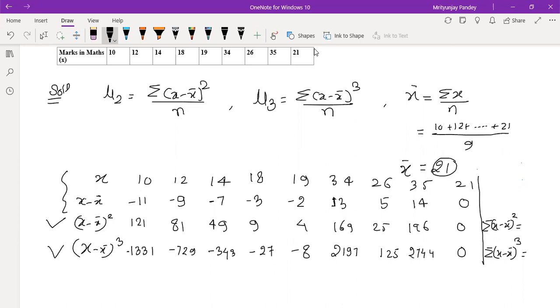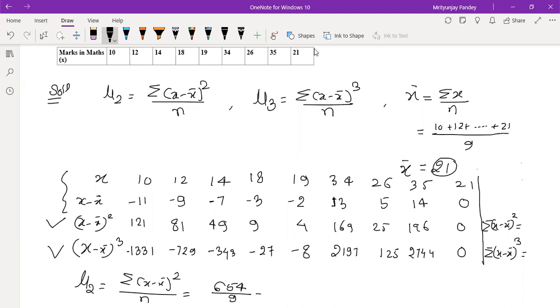121 plus 81 plus 49 plus 9 plus 4 plus 169 plus 25 plus 196 plus 0 equal to 654. 654 and n is 9.